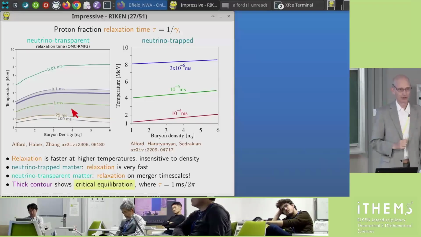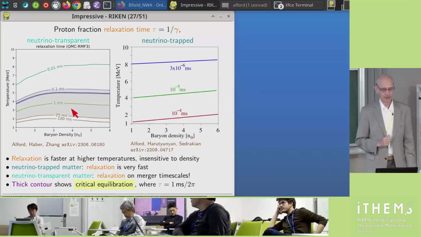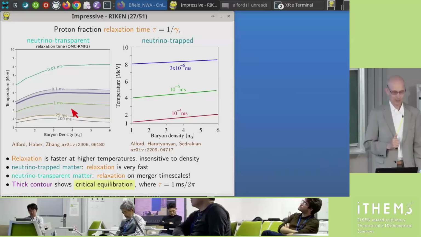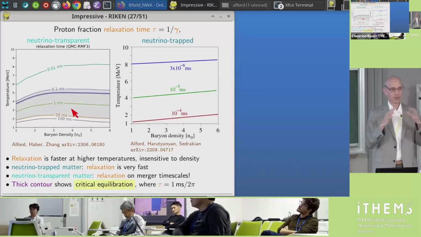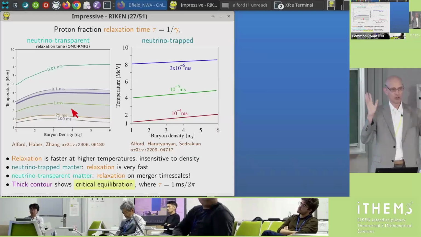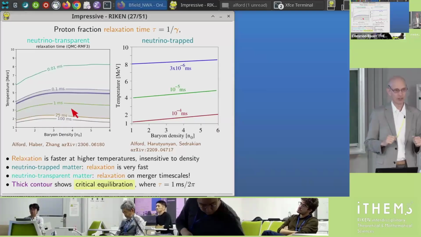And how can you describe the neutrino transparent regime using such a thermal field theory technique? It's just that there are no neutrinos, right? The equilibrium state of neutrino transparent matter is protons, neutrons, and electrons, and maybe there's some thermal radiation with some neutrinos being radiated out, but that's all.